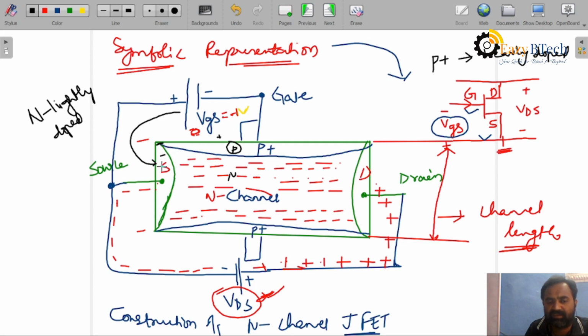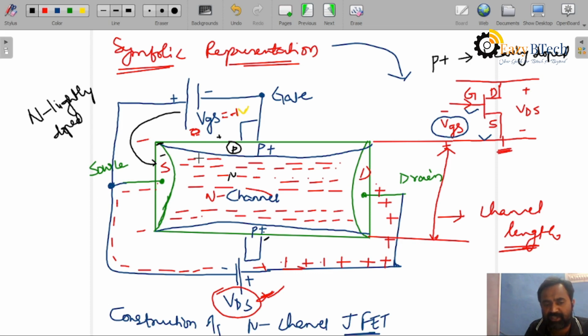When this is in reverse bias, what can you say? When it is applying a negative, here also you are applying a negative. Okay, here it is positive. Now this PN junction diode is operated in reverse bias. When it is operated in reverse bias, the width expansion plays a very important role.